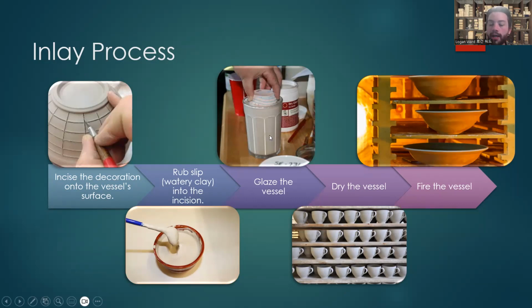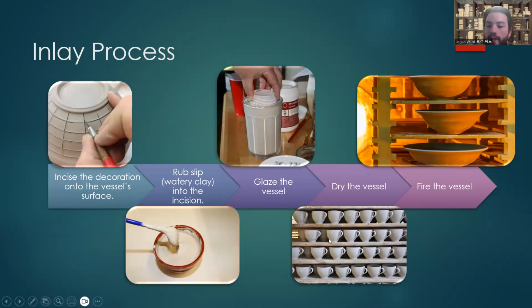Then whatever the normal glaze is, in this case it's going to be that Celadon glaze, which is that blue-green. In this image, he's taking a small vessel and putting it into a cup. I just thought it was fun. This might be something you would actually see at a studio today, but there are lots of different ways to glaze vessels. You don't need to worry about all the details. That's when you put what's going to be the green over it.